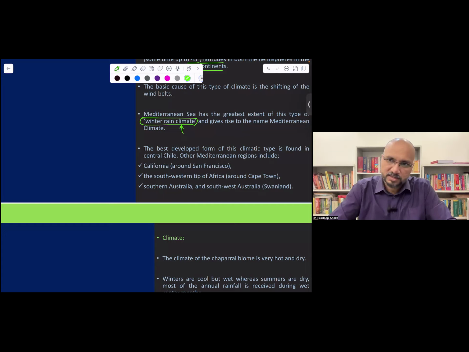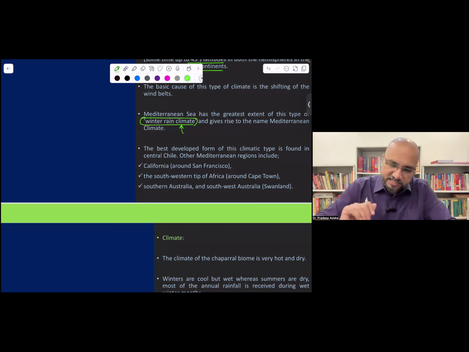They are not very cold and wet. Because of this particular type of climate, wherever you have it, it is called Mediterranean climate, because it is characteristic of that region.